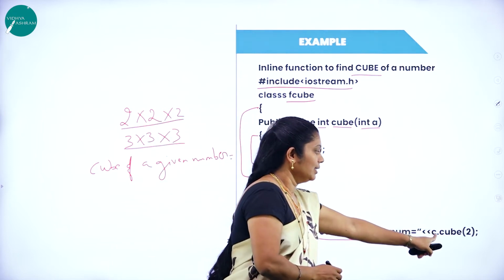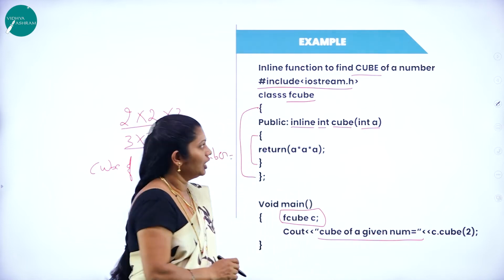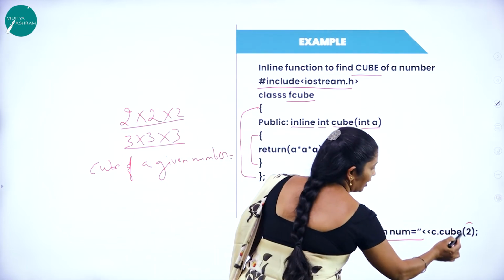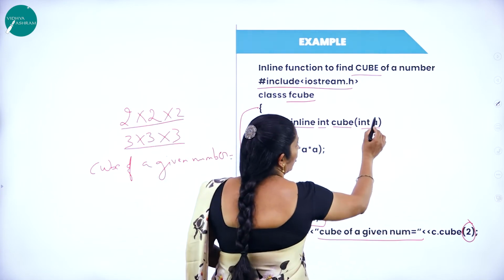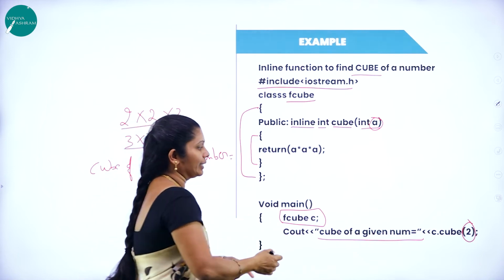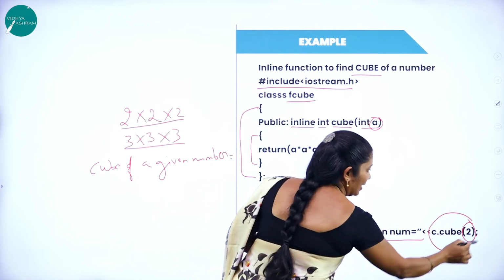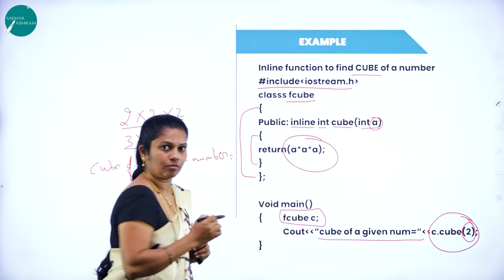Then we write C dot cube, and inside the bracket we write 2. That means in the place of a it will take 2. This 2 will be copied here. When we call this function, automatically the compiler will replace the function call by the body.